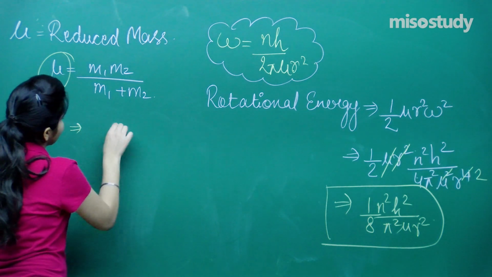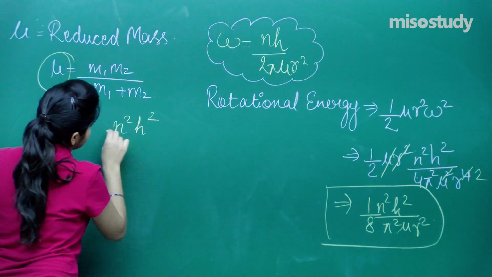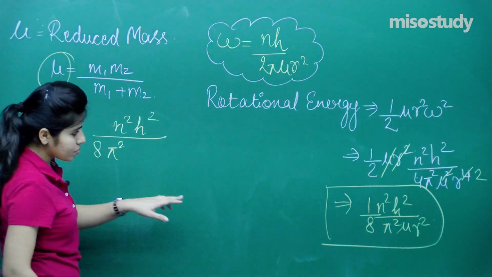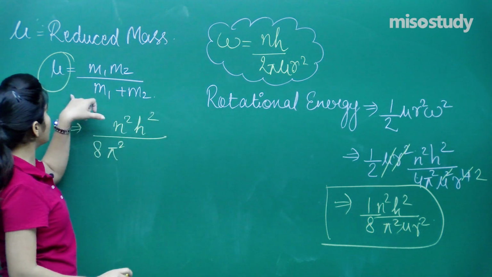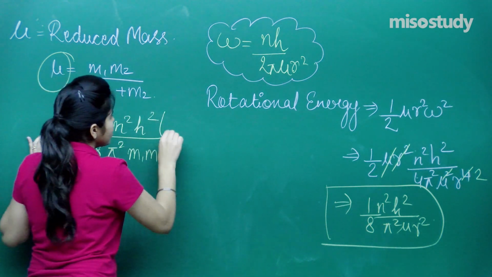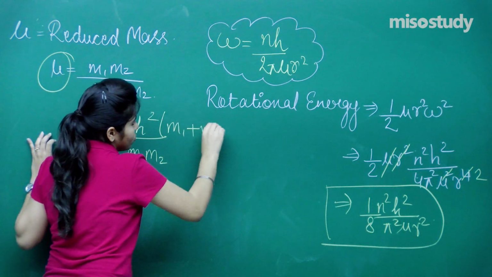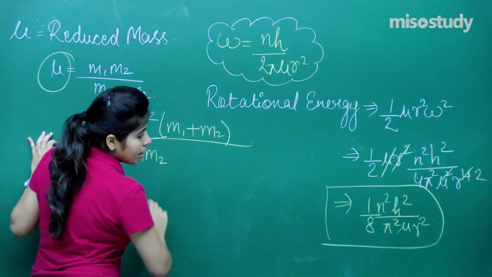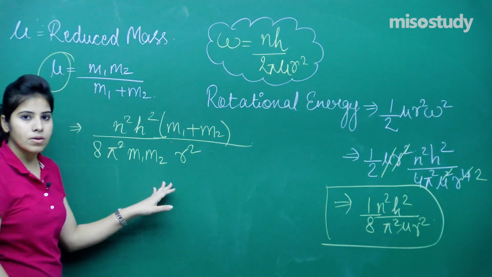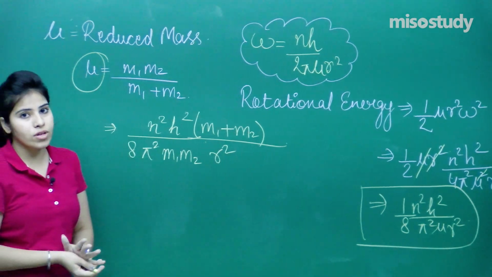I will now be writing n square h square divided by 8 pi square into mu. Now your mu is m1 m2 upon m1 plus m2 into r square. So this we are left with now.